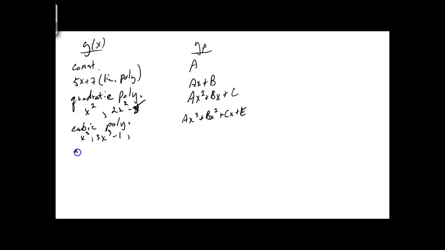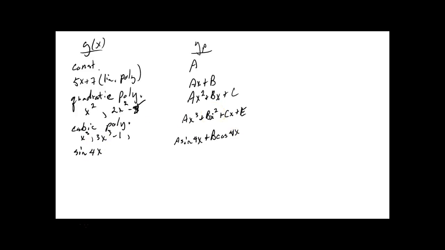Okay? Sine of 4x, or I'll just put it like they do. Any sine function, what do you think the y sub p will be? A sine 4x plus B cosine 4x. Notice the 4x carries over.